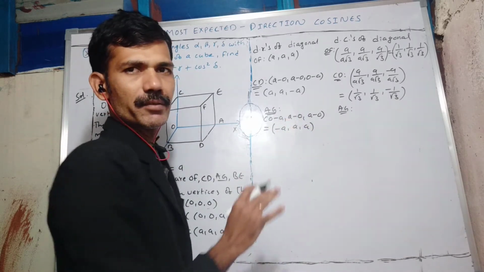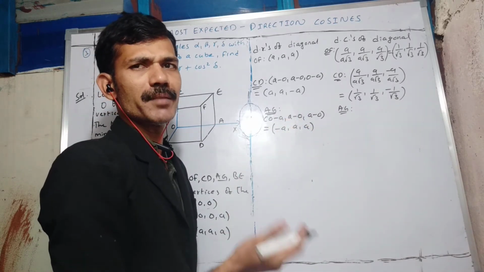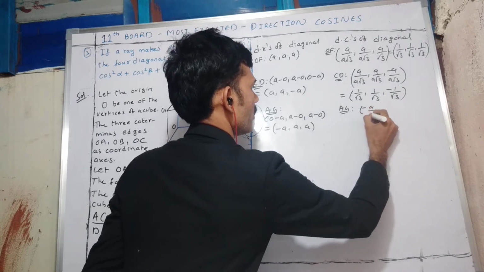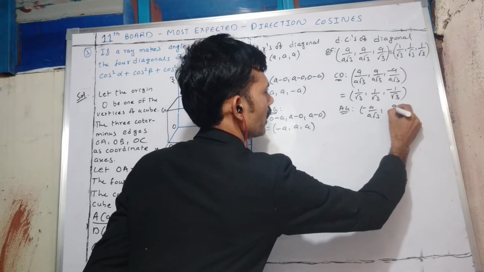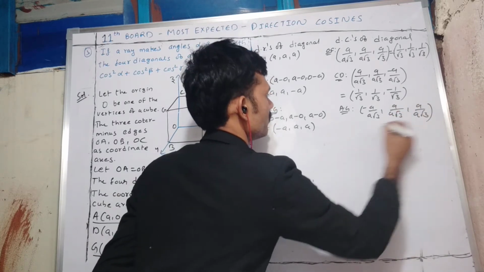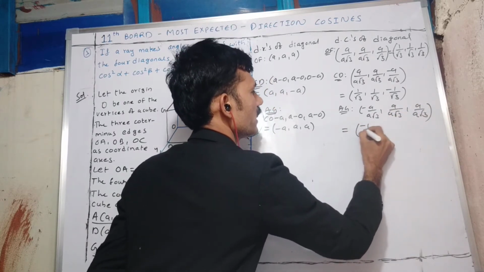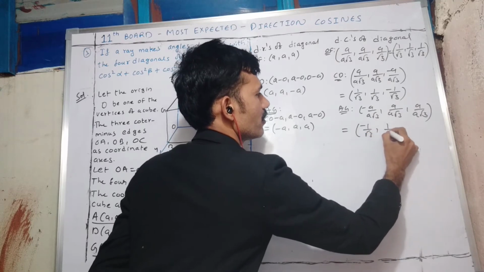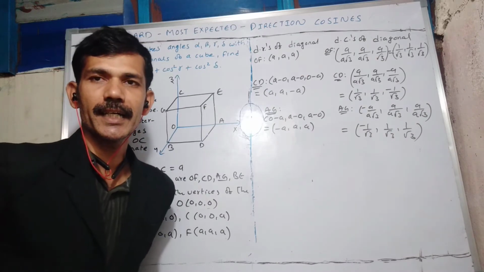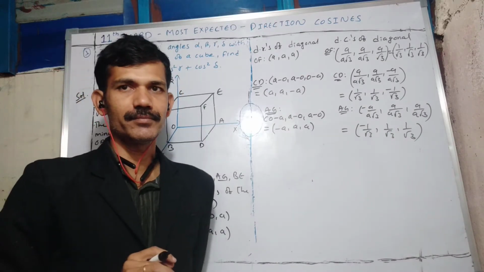We have to divide by root 3 times A. So, minus A upon A root 3, A upon A root 3, A upon A root 3. So this will give minus 1 upon root 3, 1 upon root 3 and 1 upon root 3. These are the direction cosines of AG.